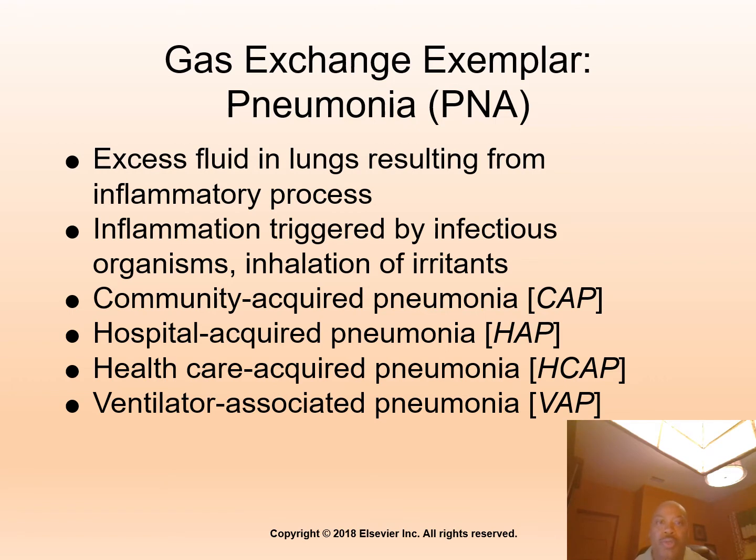So I want you to see categories of pneumonia in table 31-2 on page 600 of your textbook. As far as incidence and prevalence, the rate of pneumonia is higher in older adults, patients also who reside in nursing homes. There's also some additional places where you can find a higher incidence of pneumonia.